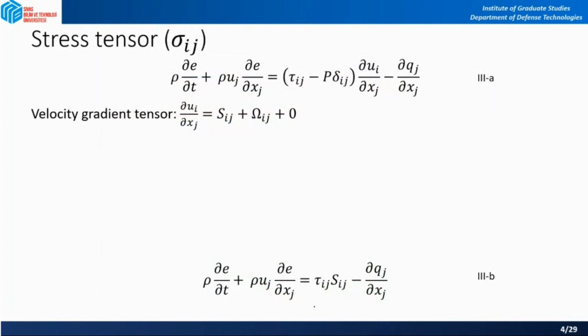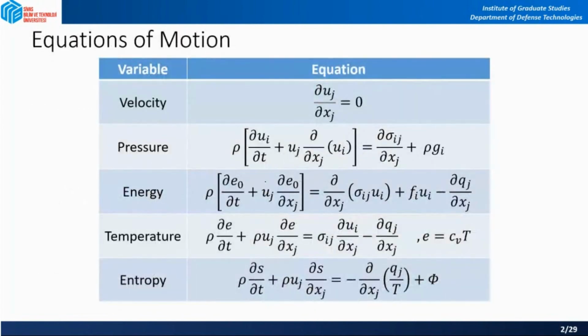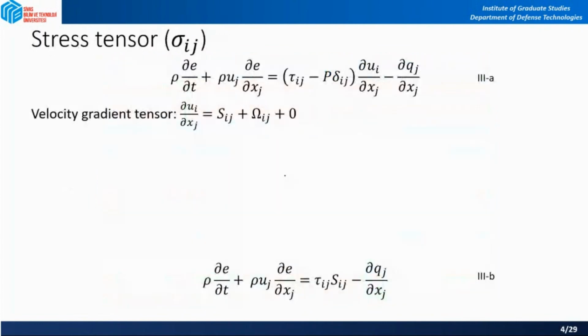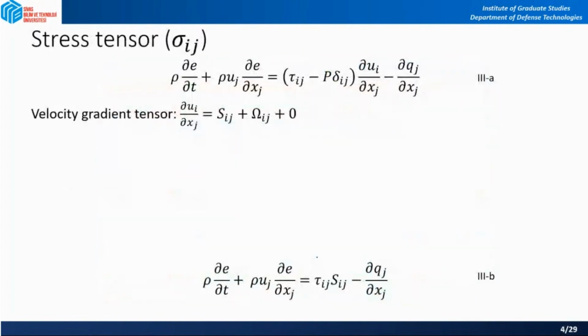I will just give an example. For example, in the thermal energy equation, you have rho dE/dt plus rho uj dE/dxj equals to, and when you look back into this equation, you see sigma ij in here.